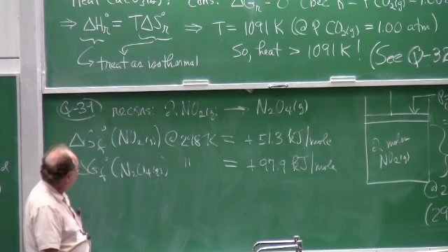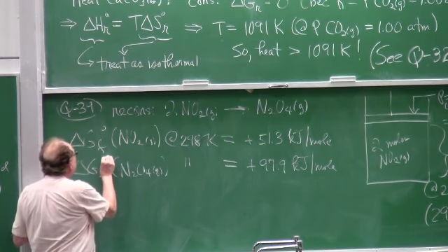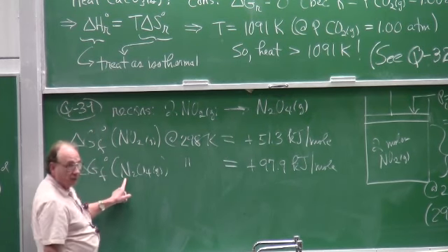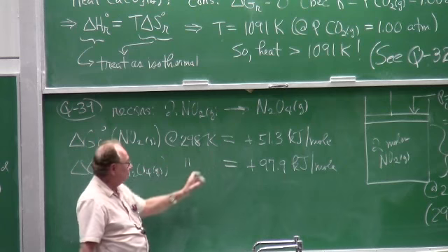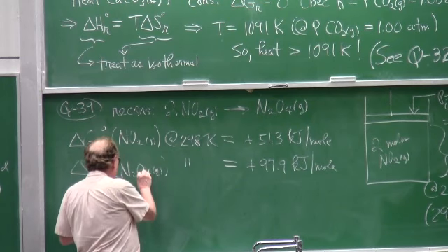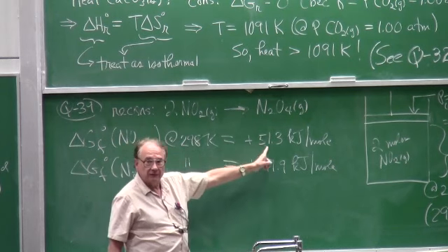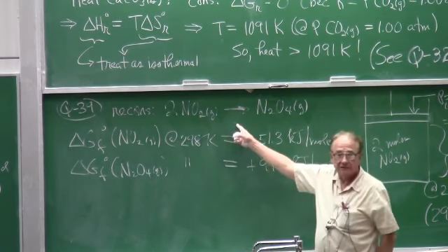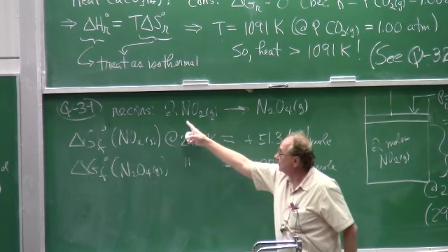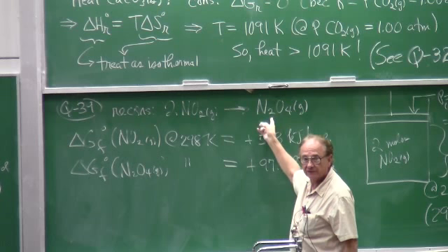You recognize why delta G sub F super 0 for a mole of N2O4 is not exactly twice delta G sub F super 0 for a mole of NO2 gas? Just like this reaction tells us, this stuff is made by 2 moles of this getting together to make a mole of this.